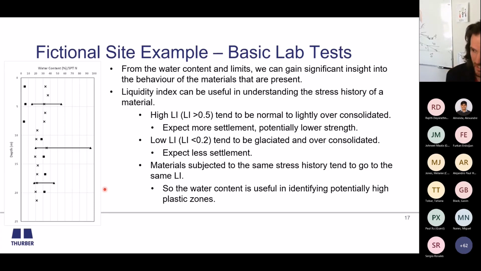So the water content itself can be useful in identifying high plastic zones. So for example, in the oil sands, we get cores of this material. It's a clay shale, and it's basically just gray. It's just never-ending gray, and then you've got these intermittent layers, like indicator layers that we'll measure off of sands.